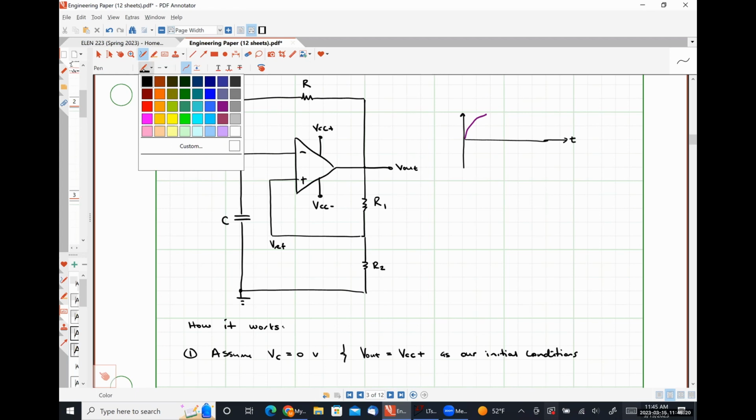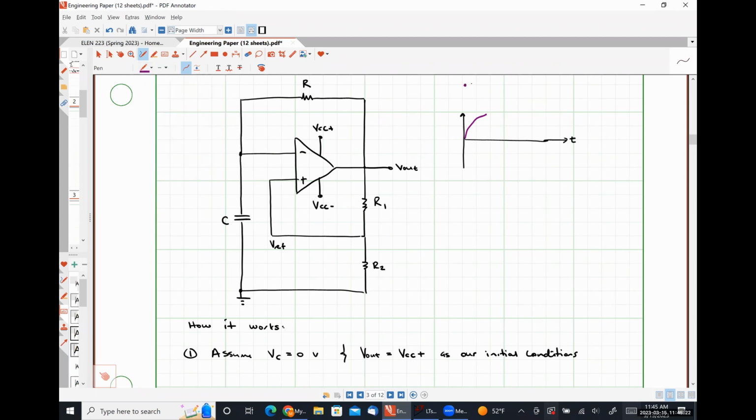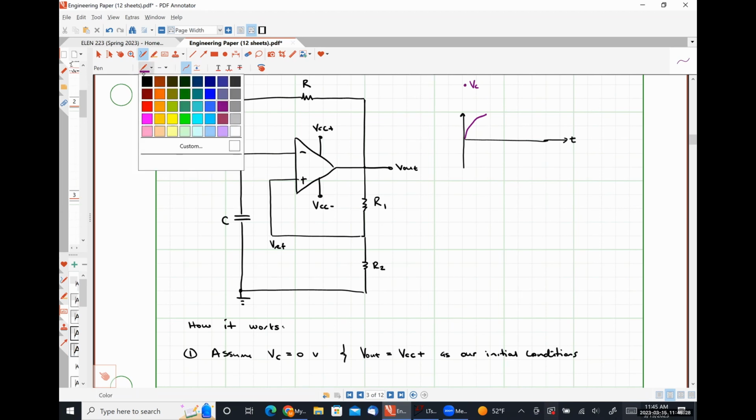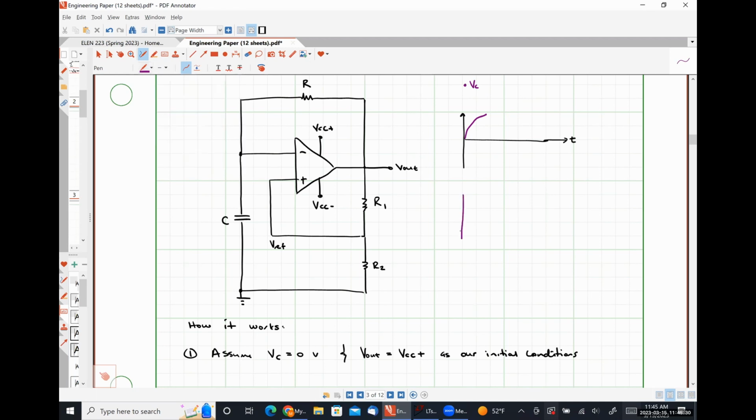Let me write a legend here, VC, and I'm going to make another graph in black so that we don't have too many things on the same plot. Here's VCC plus, here's VCC minus, and our green curve is going to be V out.